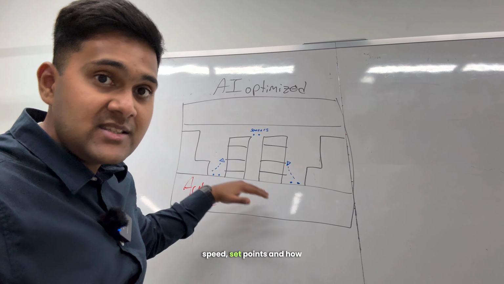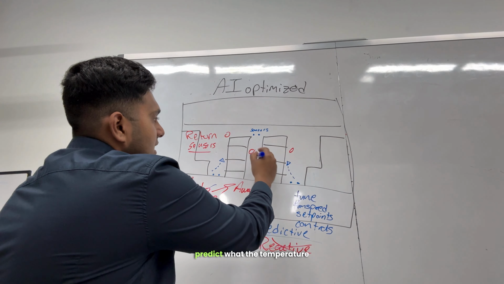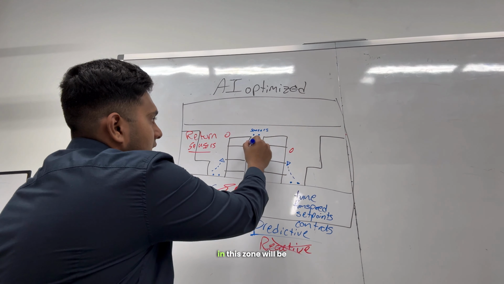But with sensor data and machine learning, these systems can now become more predictive rather than reactive. HVAC systems using AI can predict what the temperature in this zone will be or how a server will react. By doing so, you could ramp up or down this system. You can tune a system to what's needed rather than being overcooled.